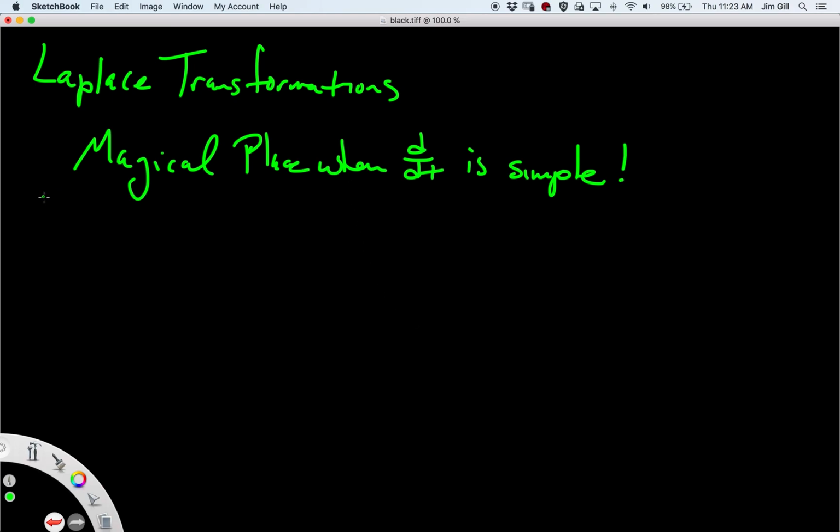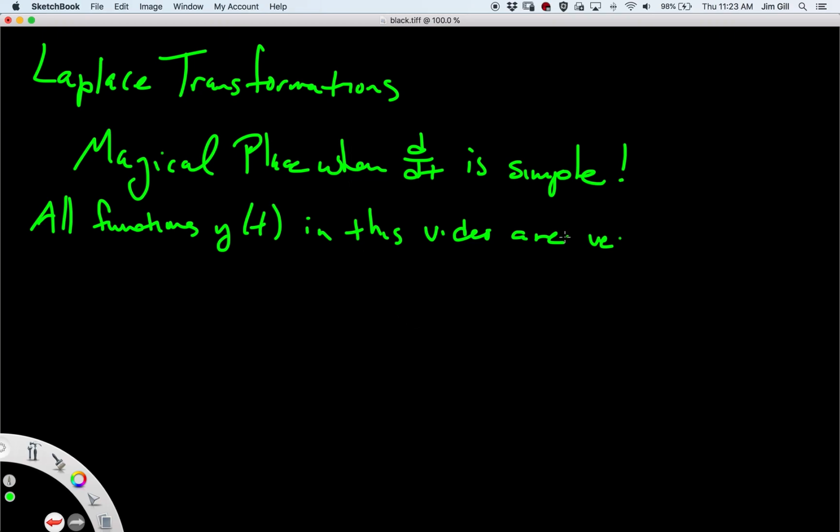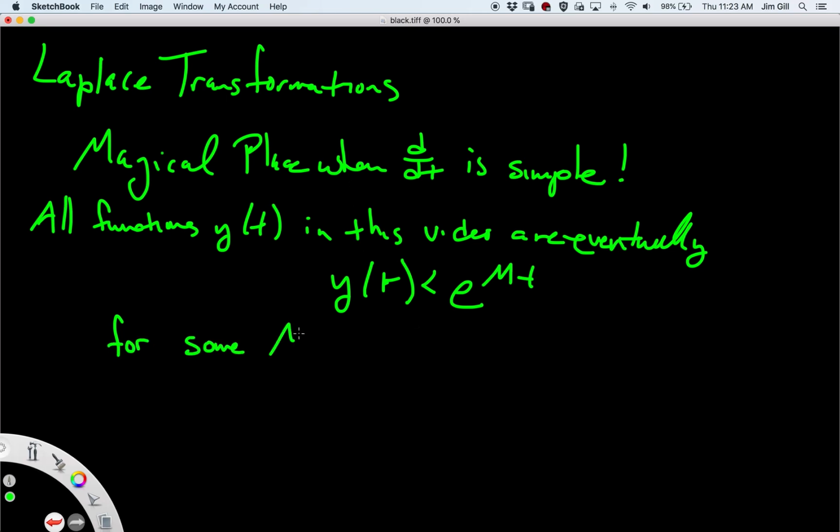So let me first define what a Laplace transform is, but first I want to start with a caveat that all functions y of t in this video are eventually less than an exponential function for some positive m.